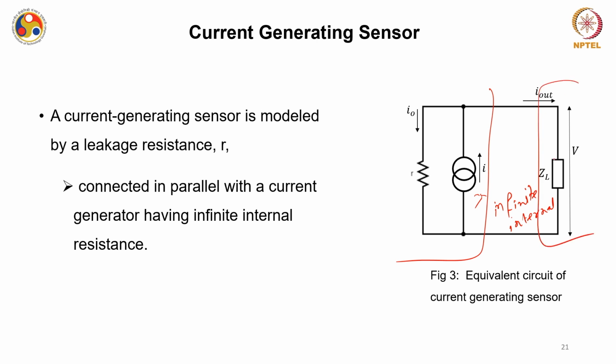This ZL can be the input impedance of an interface circuit, because the next part will be the interface circuit itself. So this is the model of a current generating sensor.